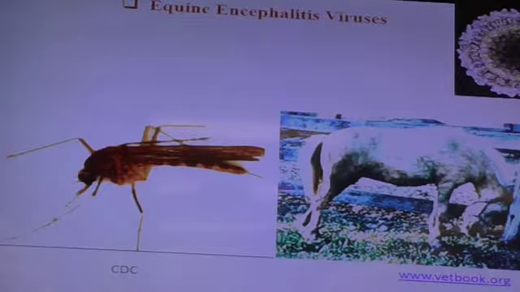Very important are 3 diseases which are very much related to each other, and all of them cause encephalitis. They are called equine encephalitis viruses, and the virus is transmitted by mosquitoes and causes severe encephalitis in horses. These diseases are endemic in the Americas.